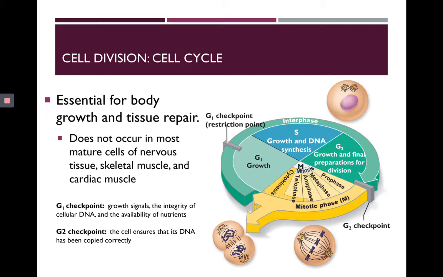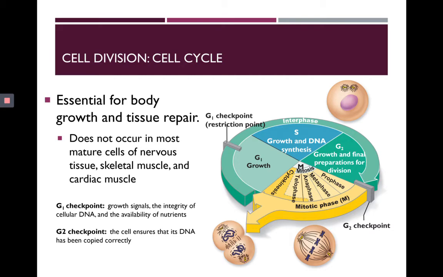But let's talk about G1, S, and G2, which are the three subphases of interphase. G1 and G2 have checkpoints where they check that either growth signals or the integrity of cellular DNA is fine, or make sure nothing has been ruined and the cell's ready for mitosis, is ready for cell division.